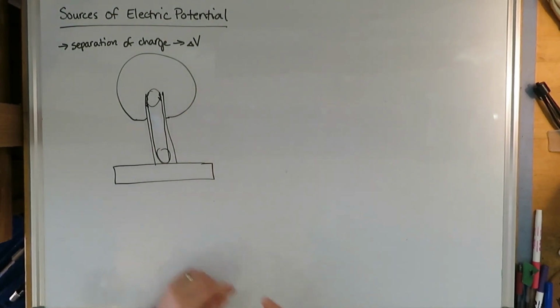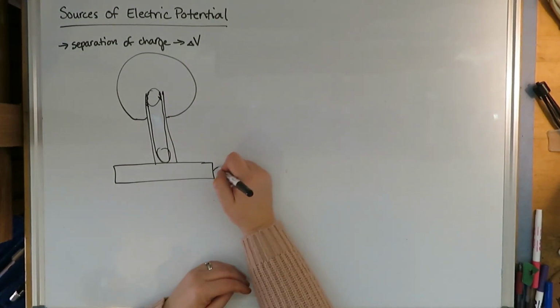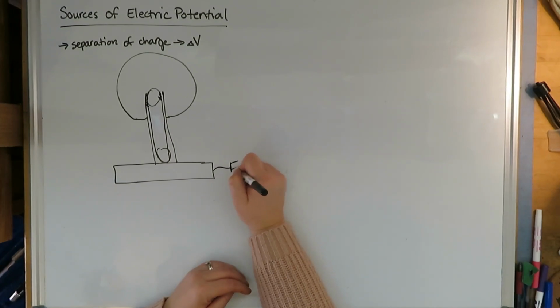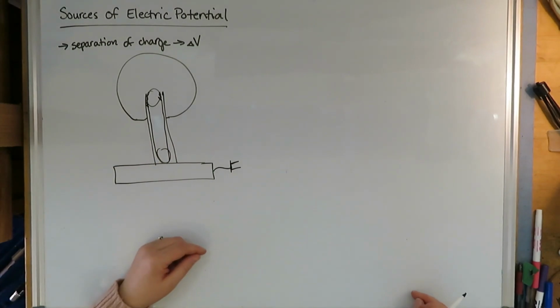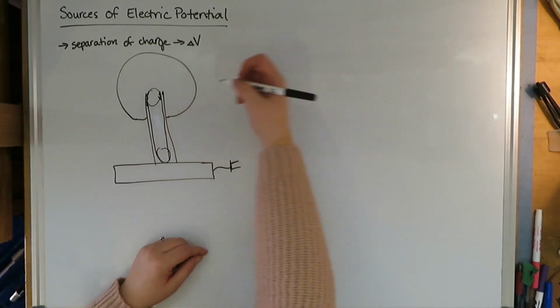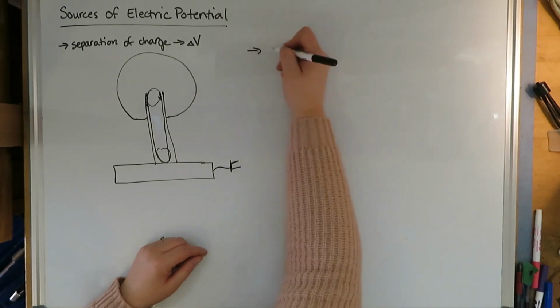You connect it to power, so you have to actually power it up, and then the motors run. And then you end up getting charged by friction.